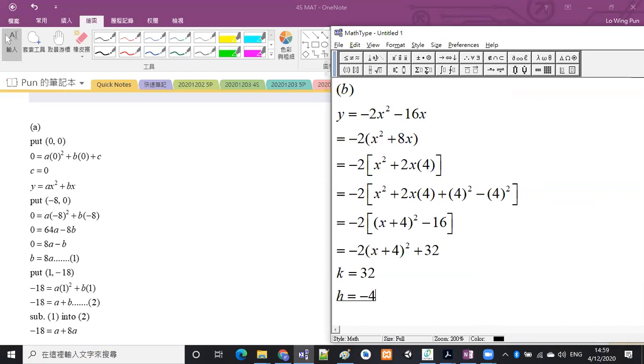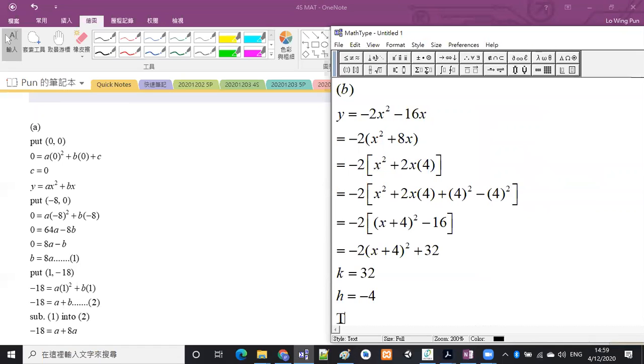And the question asks you to find the axis of symmetry. Axis of symmetry is the vertical straight line. Okay, vertical straight line, the middle line of the graph of the function. And it is a vertical straight line, and the equation is always in the form of x equals number.